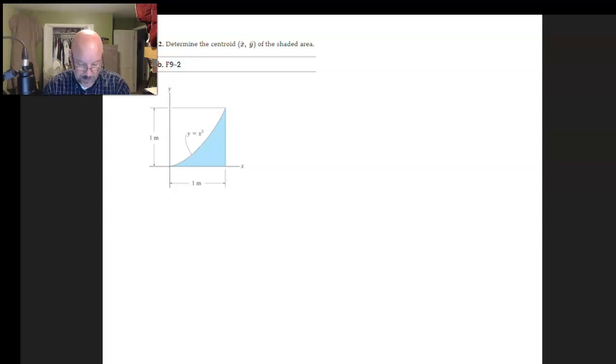Here again, we're looking for a centroid. So that means at some point you're going to have x equals x m over A, and y equals y m over A. So you're going to find the area of this whole thing. That's what goes into your denominator terms.